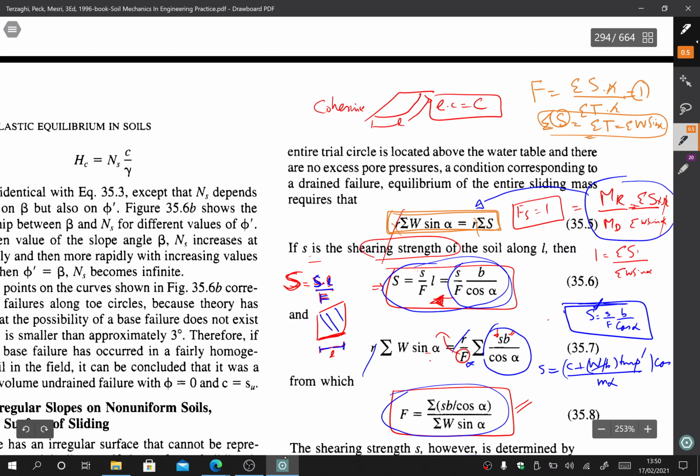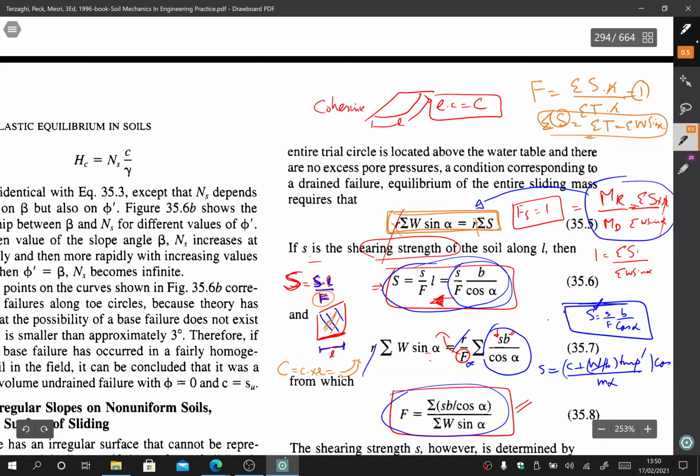R cancels out. So for a particular slice, you see here this slice, the inclined length is L. As we discussed previously, the cohesion is equal to unit cohesion times the length of the slice. This gives us the total cohesion along the arc length. Similarly in this case, the shear strength under the slice will be equal to the unit shear strength small s times length, and then we also divide by factor of safety.